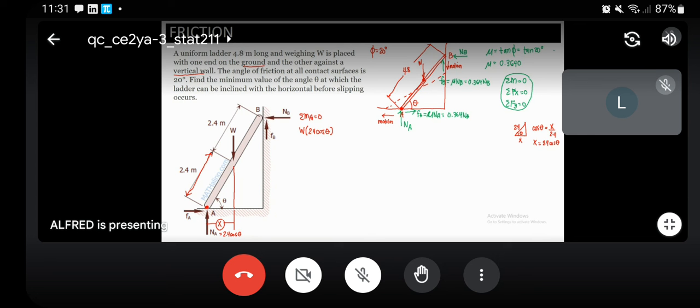Okay? So after that, si FB naman yung kuhanin natin. So this is negative 0.364 FB or NB. NB na siya, no? Times the distance. What's the distance? So kung 2.4 cosine of theta to, ito rin 2.4 cosine of theta.